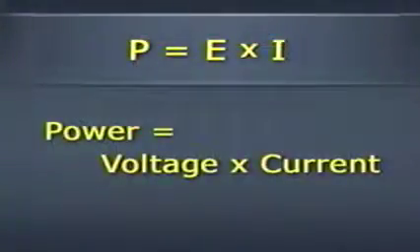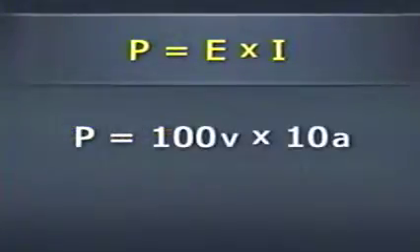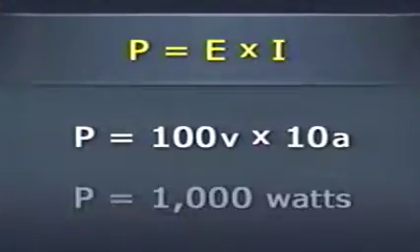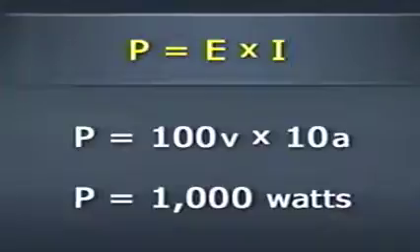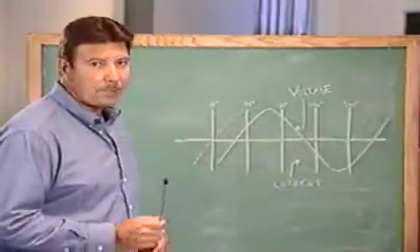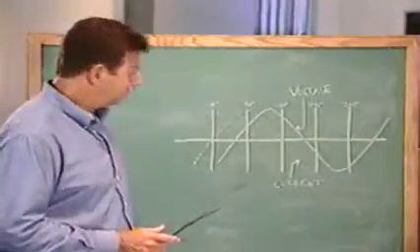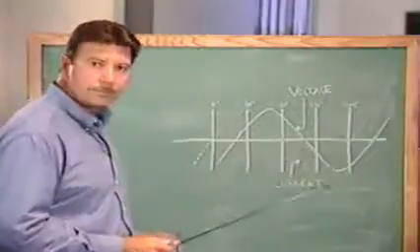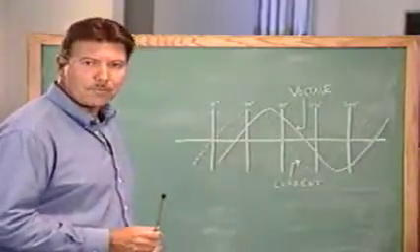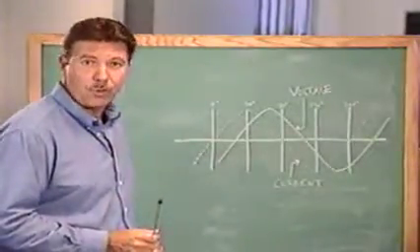In a circuit with no reactance, the actual power will be equal to the voltage multiplied by the circuit current. If the voltage is 100 volts and the current is 10 amps, the power will be 1,000 watts. However, if there is reactance in the circuit, the actual measured power may be only 900 watts.